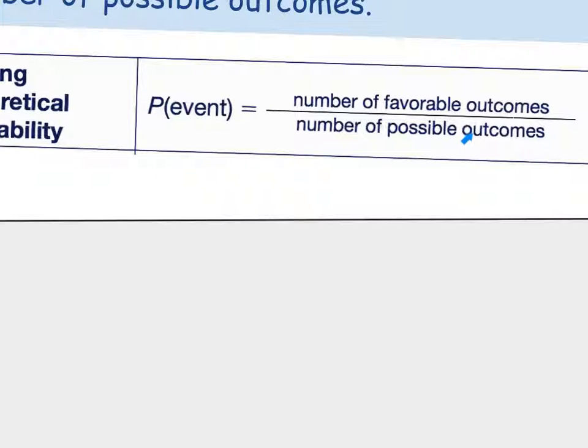So in our coin flipping experience, we asked, what is the probability that you're going to flip a tails? The number of tails is the outcome that we want. So the favorable is one tail out of two total sides. That's how you write probability.